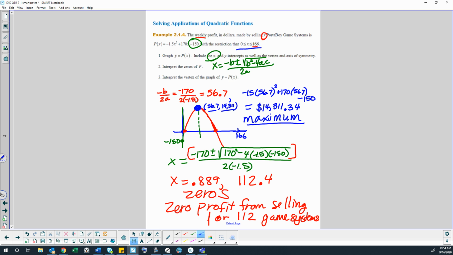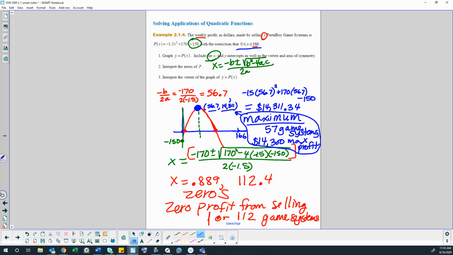So it's kind of like the maximum profit spot, right? If we sell about 57 game systems, we will earn around $14,300 maximum profits. So that's sort of where our vertex is telling us right there.